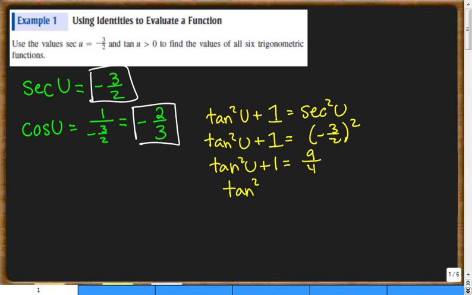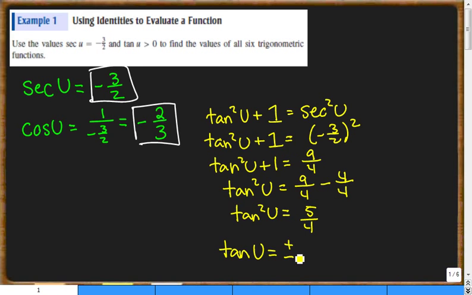My tangent squared of u is going to be 9/4 minus 1 when I subtract the 1 over. Now I can think of this 1 as being 4 over 4. So my tangent squared is going to be 5/4, meaning that my tangent of u could be the positive or negative square root of 5 over 4.